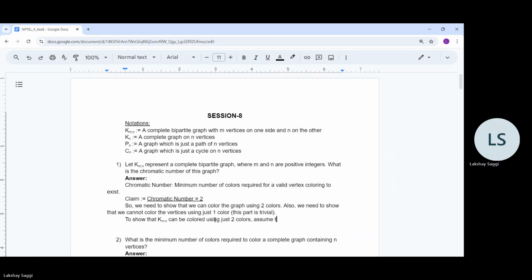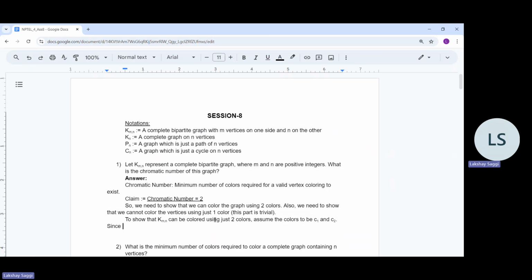Okay. Assume the colors to be C1 and C2. So there are two colors given to us, which are C1 and C2. And now, since the graph K_{m,n}, which is given to us, is bipartite, in the bipartite graph I'll denote one side, the m vertices, as the left side.